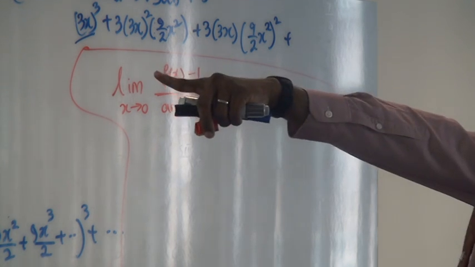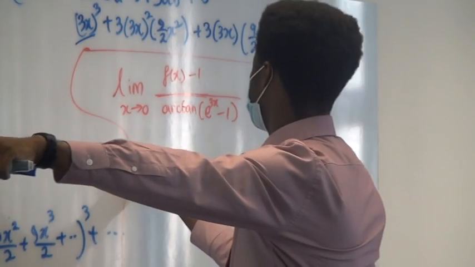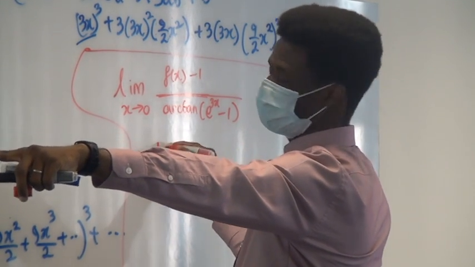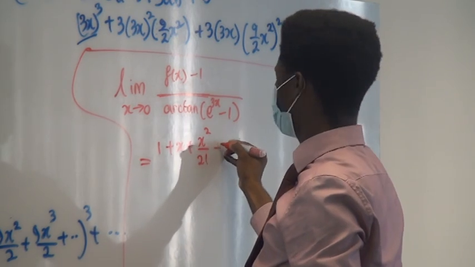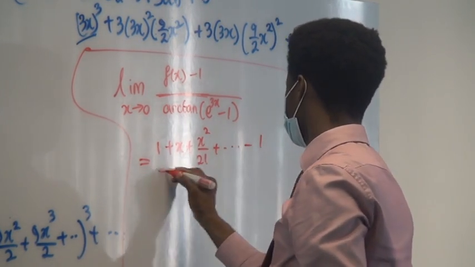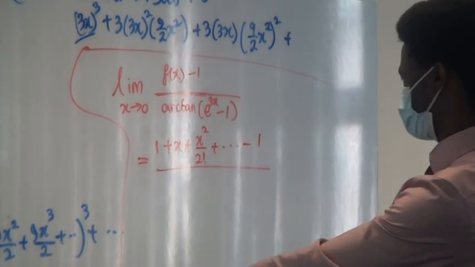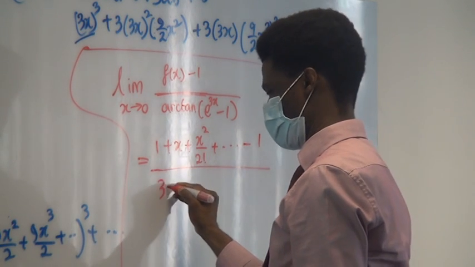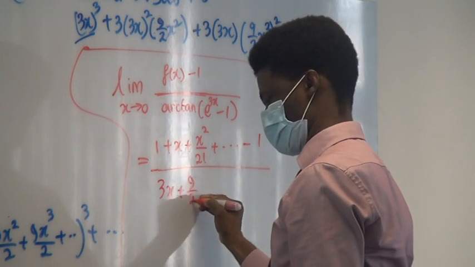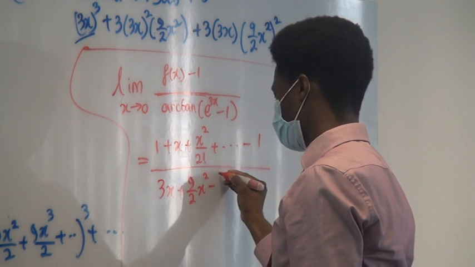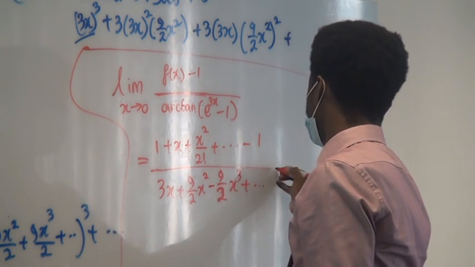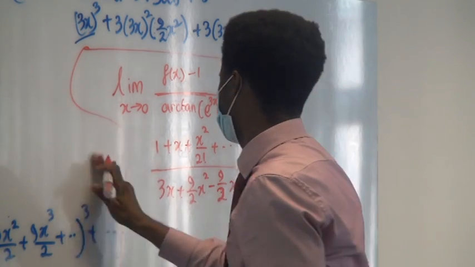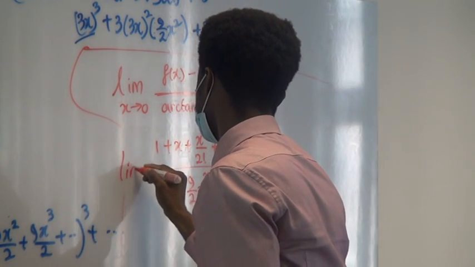Yes. If you substitute that, we get 1 plus x squared over 2 factorial and so on, then minus 1. Then arctan of this we just finished. We get 3x plus 9 over 2 x squared minus 9 over 2 x cubed, and it continues.